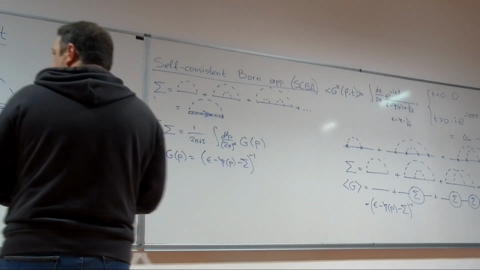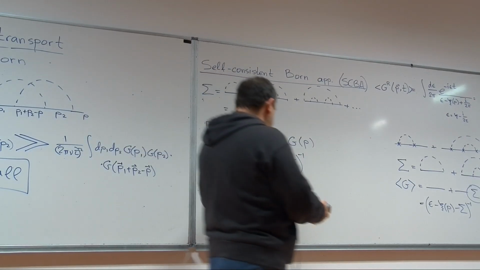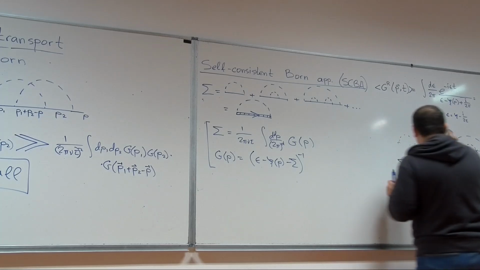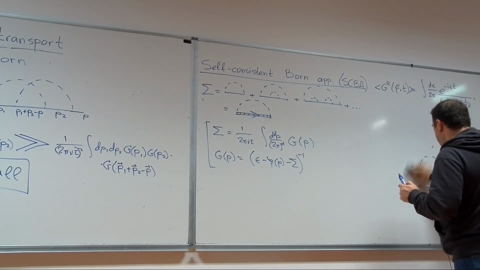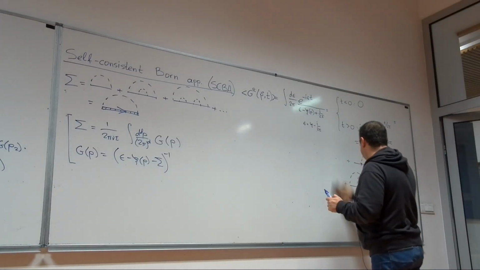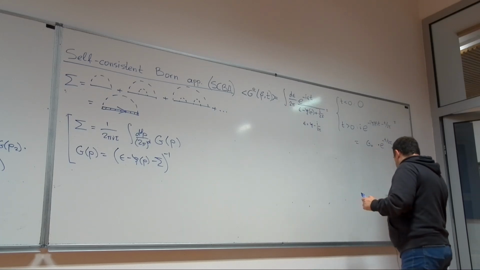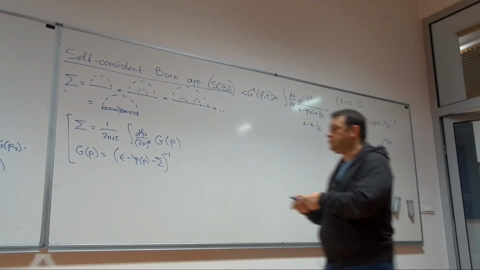So let's do the calculation. Let's write out these equations, solve them, and find a more accurate green function, which includes some diagrams beyond Born approximation.